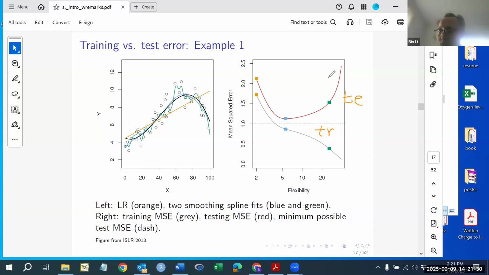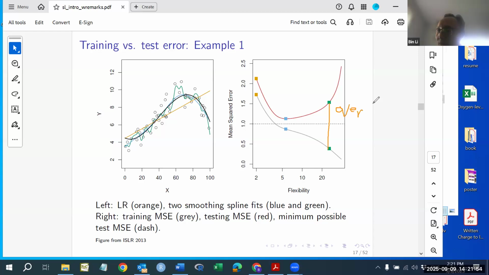But if we have new data points on the test set, you can see the performance is very different. The test error is much higher than the training error. There's a big gap. That is an indication that there's overfitting.